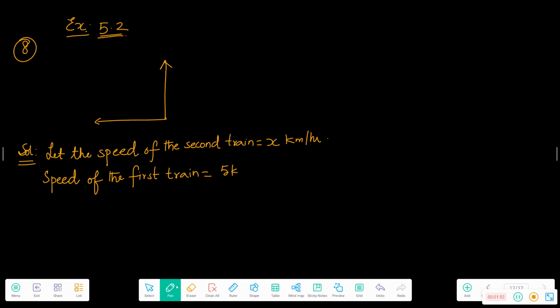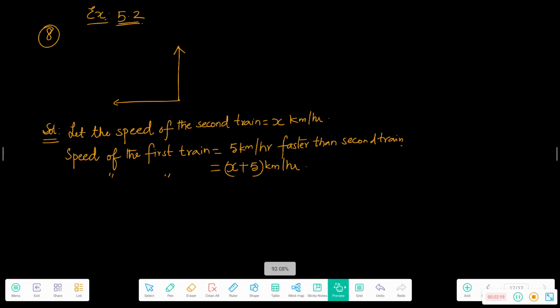So if you convert it mathematically, the speed of the first train is x plus 5 kilometers per hour. This is the speed of the first train.